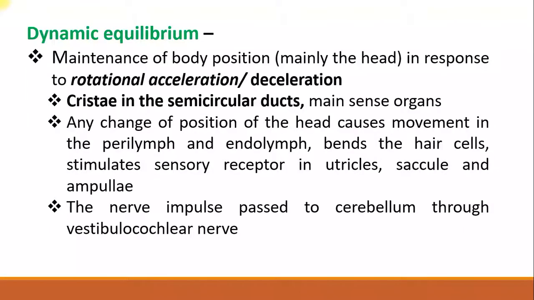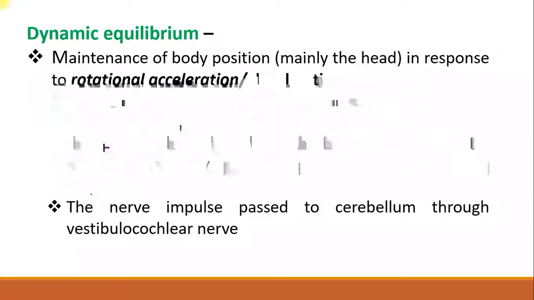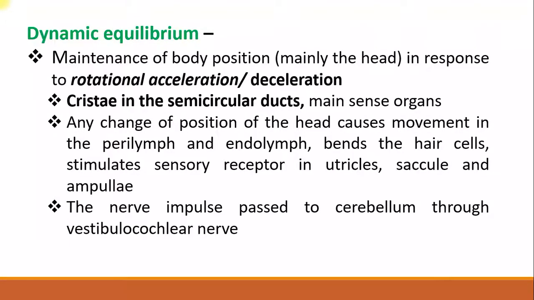The nerve impulse then passes to the brain through the vestibulocochlear nerve. The vestibular part of this nerve conducts impulses from the vestibular apparatus to the main area of the brain where the sense of equilibrium is perceived, and the cochlear part of the vestibulocochlear nerve carries impulses from the cochlea of the inner ear to the part of the brain where the sense of hearing is perceived.